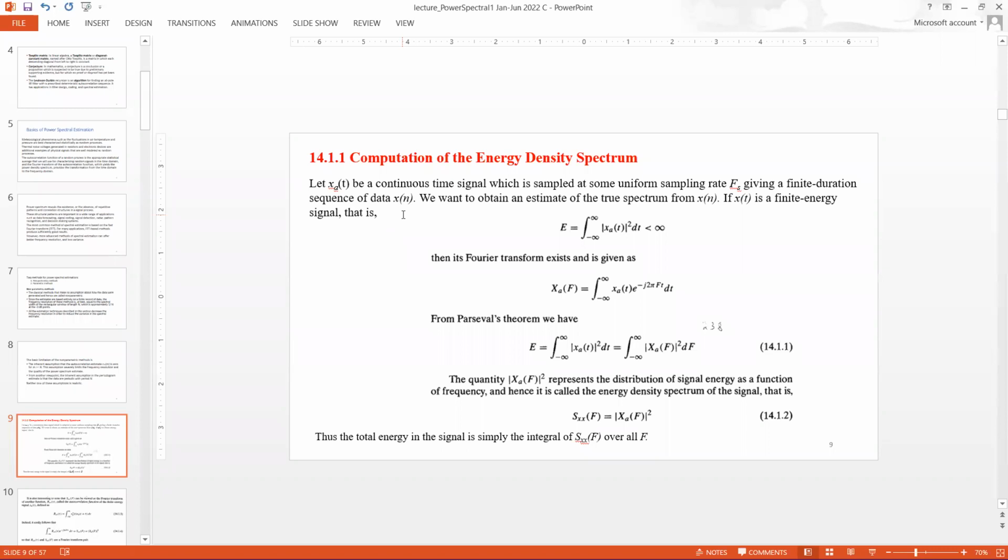That means the inner part of equation number 1, and thus the total energy of the signal is simply the integral of Sxx(f), the autocorrelation of the signal, over all frequencies within the range f.